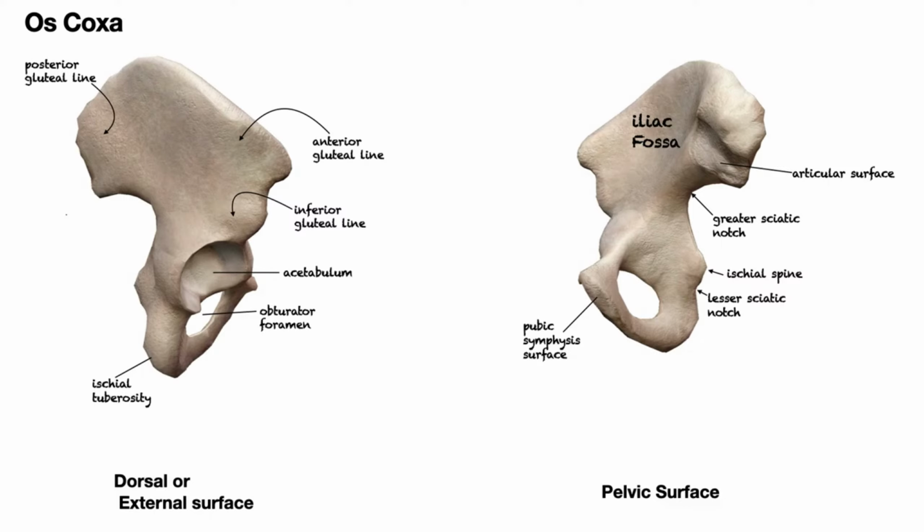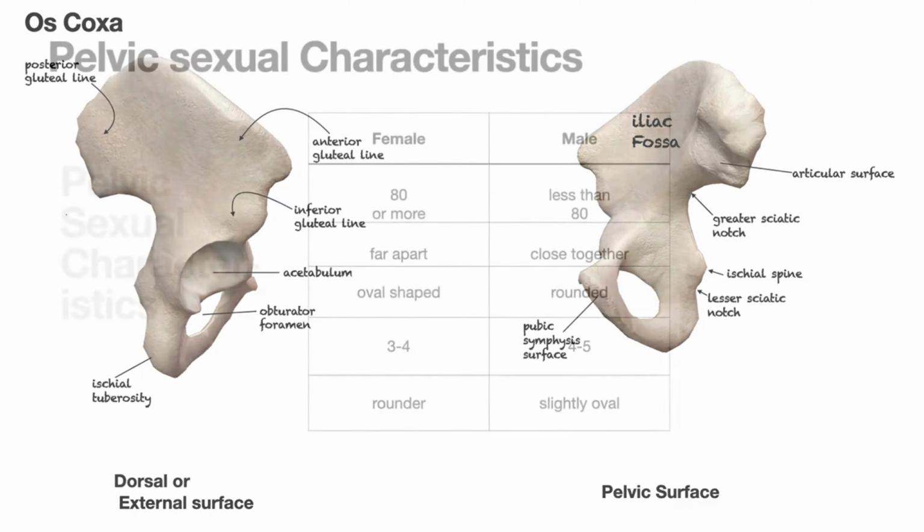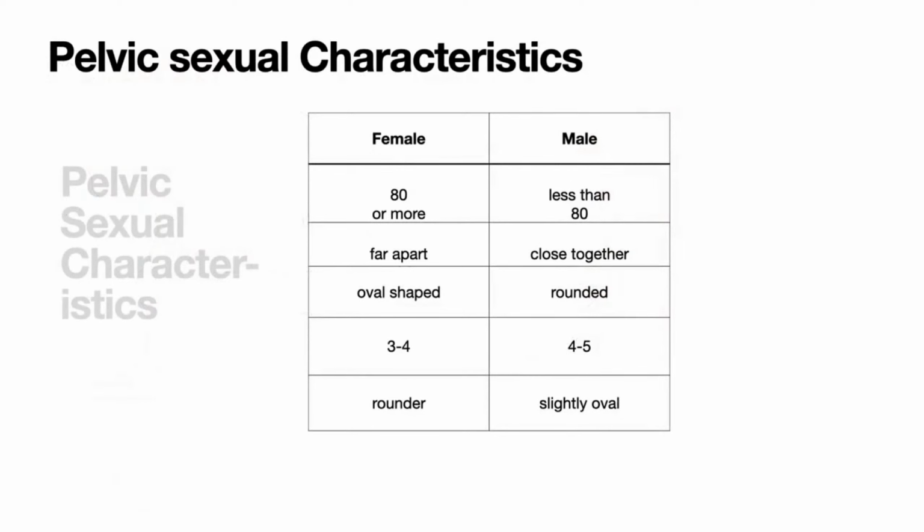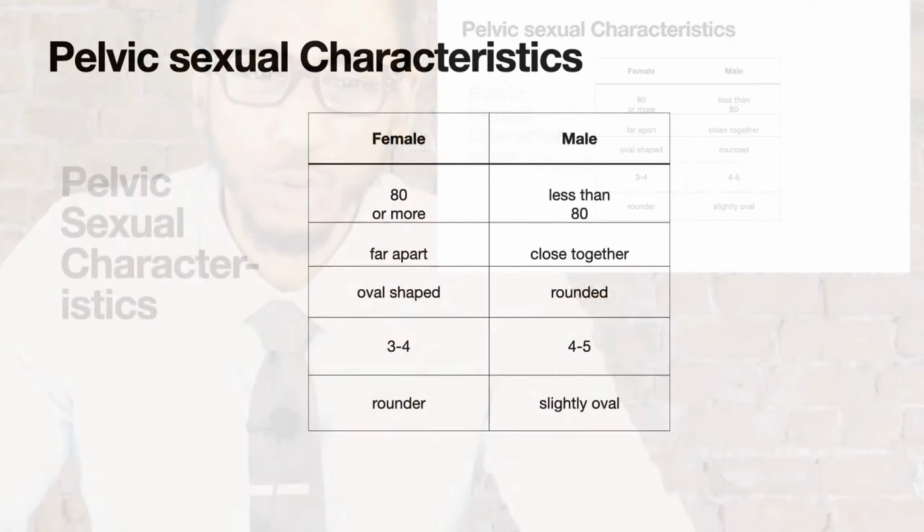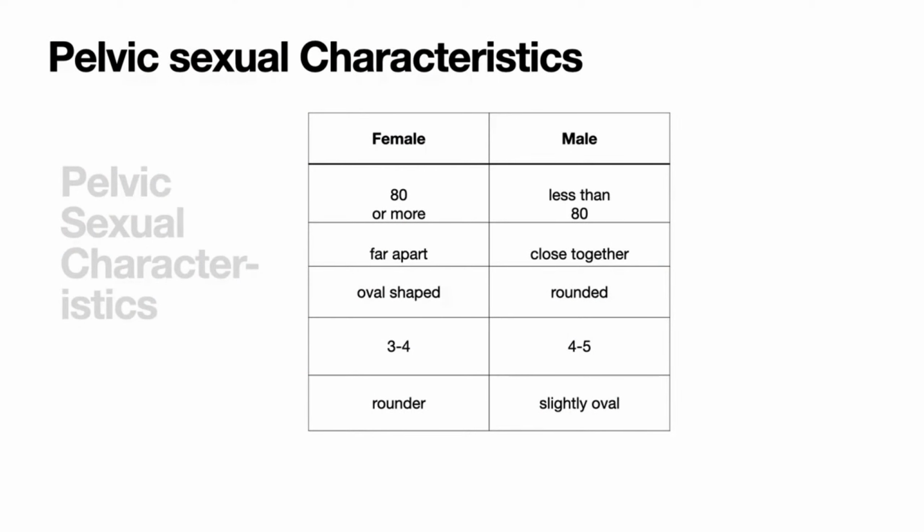Let's take a look at pelvic sexual characteristics. You see female on the left, male on the right. But the female, right? So, subpubic angle, 80 or more.